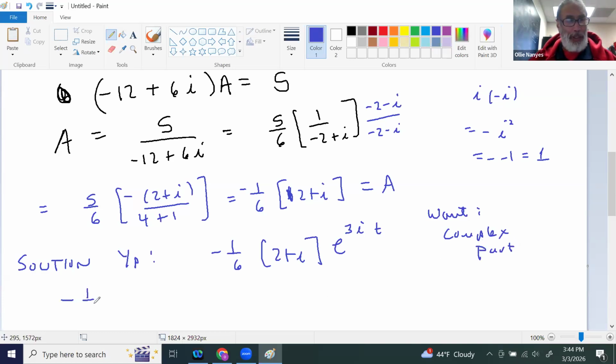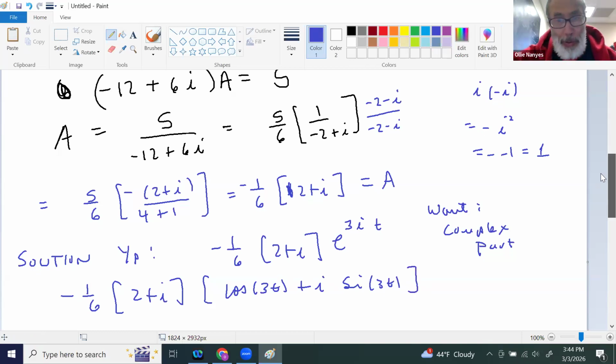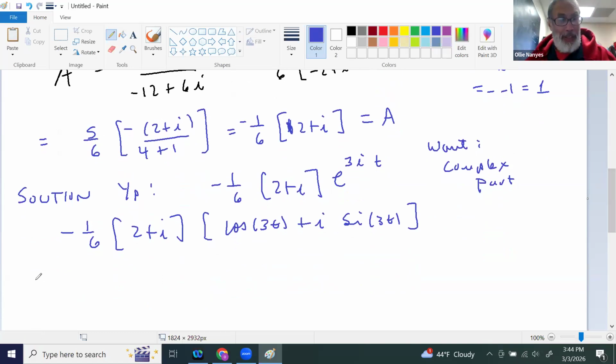So if we take minus 1/6, 2 plus i, times cosine of 3t plus i sine of 3t, and remember, again, we want the complex part. We get minus 1/6.